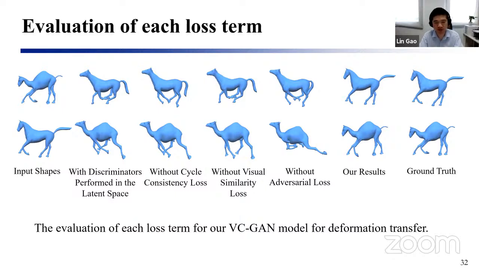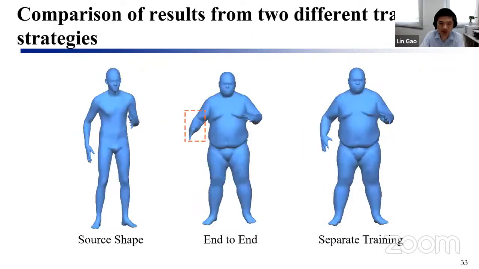We find that the transformed result is very close to the ground truth. Also, we evaluate our training strategies. We find that this network is not easy to train in an end-to-end manner. If we do separate training, the result is much better.